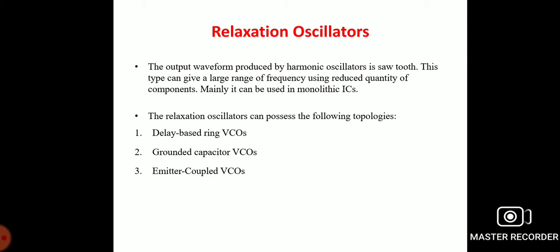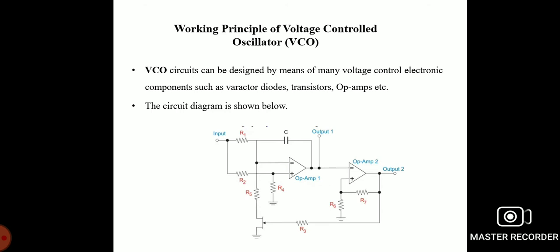Now what is the working principle of voltage controlled oscillators? The voltage controlled oscillator circuits can be designed by means of many voltage controlled electronic components such as varactor diode, transistor, operational amplifier, etc. So we see the structure of the voltage controlled oscillator.